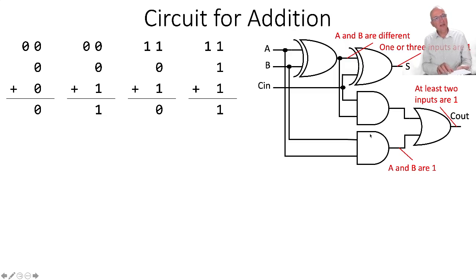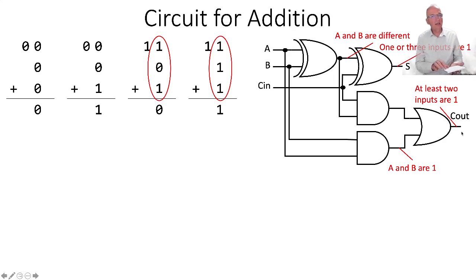The other situation where I can end up with a 1 is if at least one of A and B is equal 1, because they have to be different, so one has to be 0, the other has to be 1, and the carry in is 1. Then I end up with a 1 in this line. A 1 in this line will pass to the output, because what the OR does is if either one of those inputs is equal 1, the output will be equal 1. So that will give me the value of the carry out, and I will have a 1 if at least 2 of the inputs are equal 1.